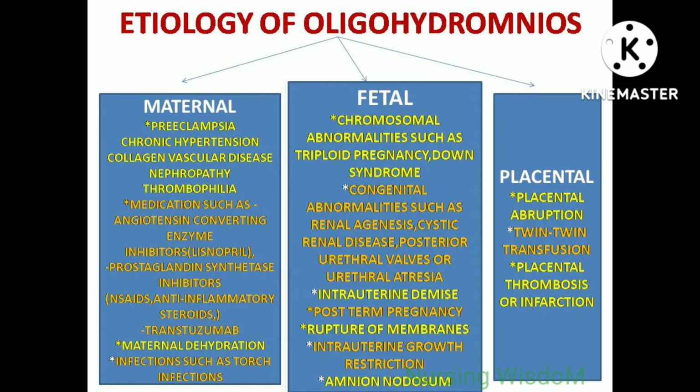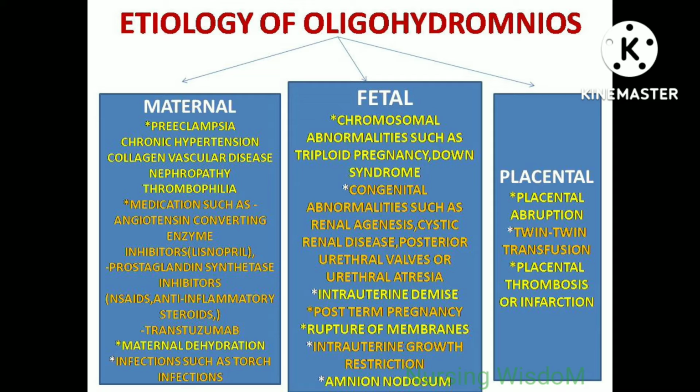Medications such as angiotensin converting enzyme inhibitors such as lisinopril, prostaglandin synthesis inhibitors such as NSAIDs, anti-inflammatory steroids, trastuzumab, maternal dehydration, and infections such as TORCH infection, which includes toxoplasmosis, rubella, herpes simplex virus, cytomegalovirus, syphilis, and parvovirus B19.